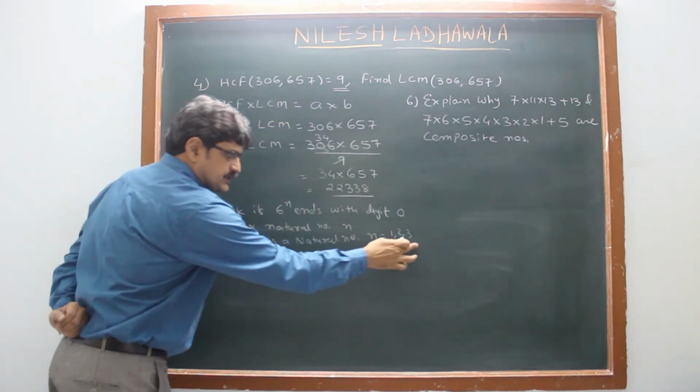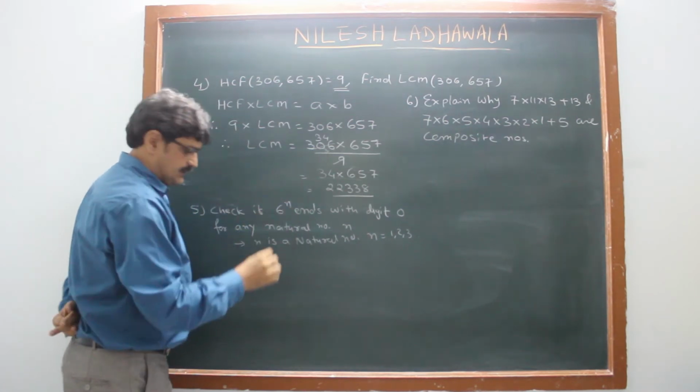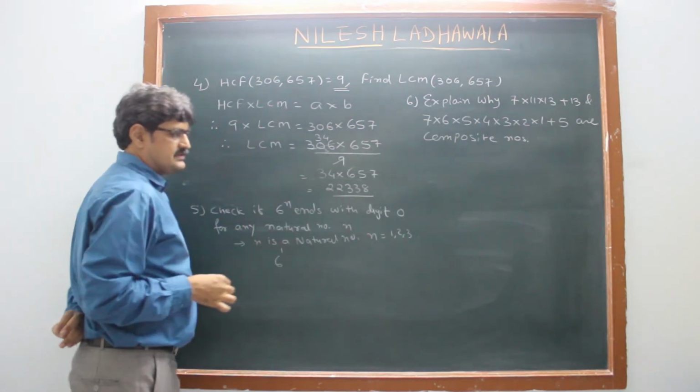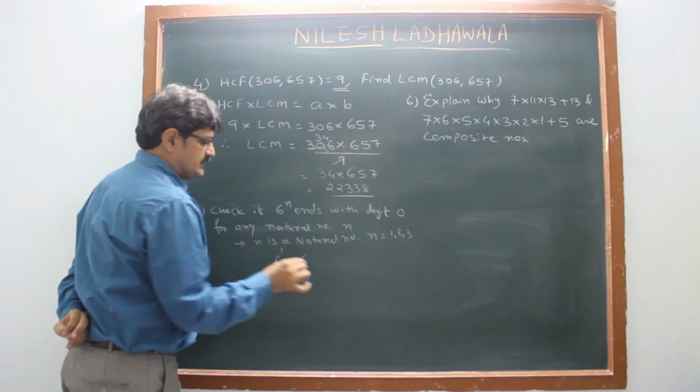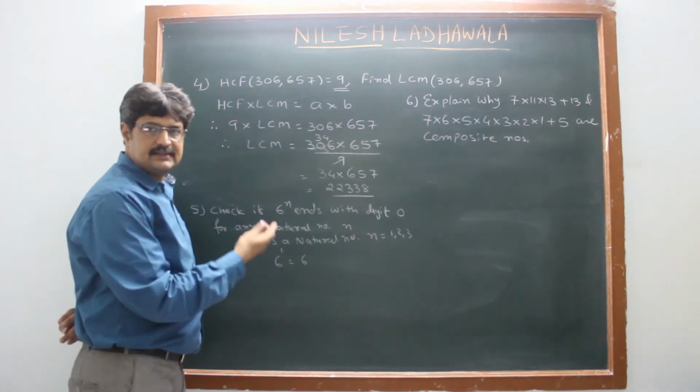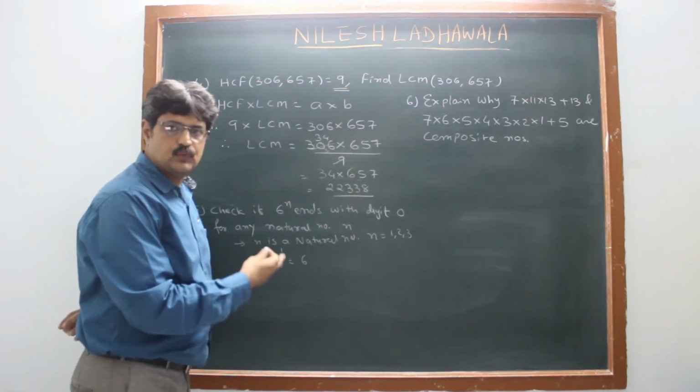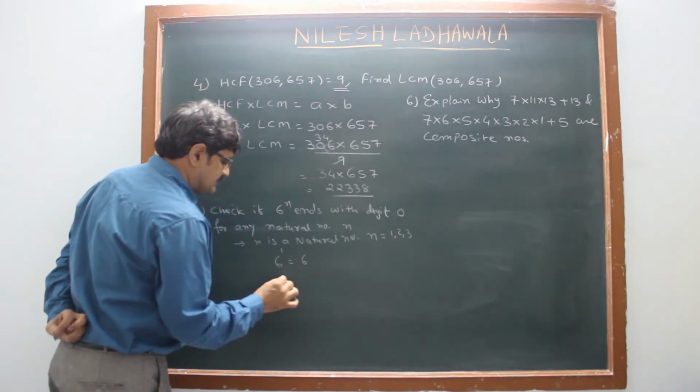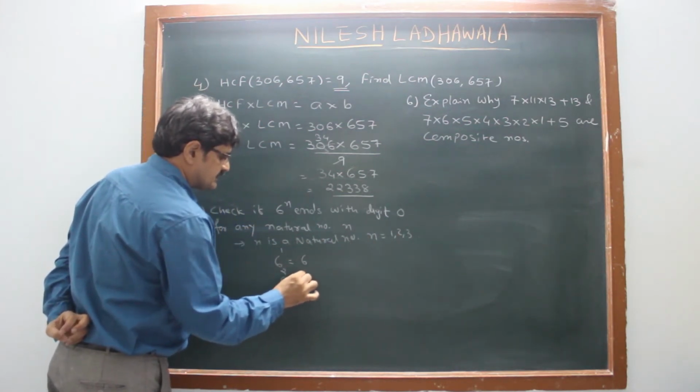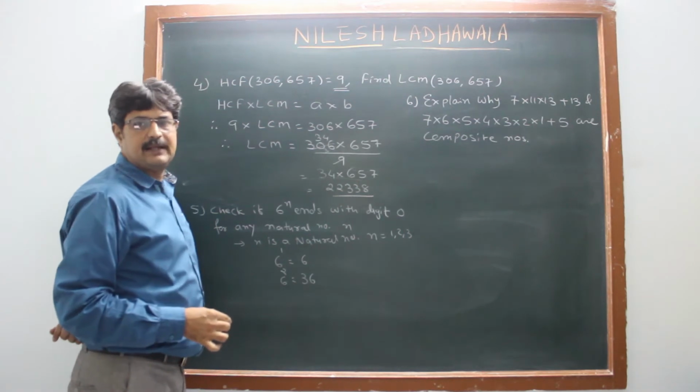Now I will substitute this value in place of n. So if first I will substitute 1, so it is 6, and as you can see it does not end with 0. Now I will substitute 2, so 6 raised to 2, that is 6 multiplied by 6, and it is 36.